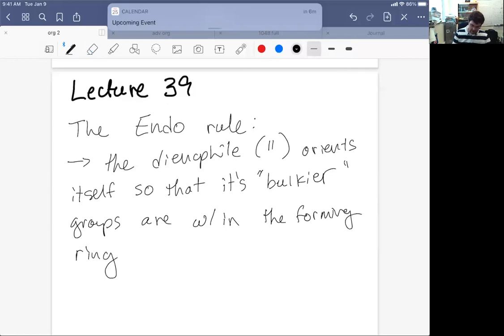Now, all of this is in the context of the Diels-Alder reaction. So during a Diels-Alder reaction.